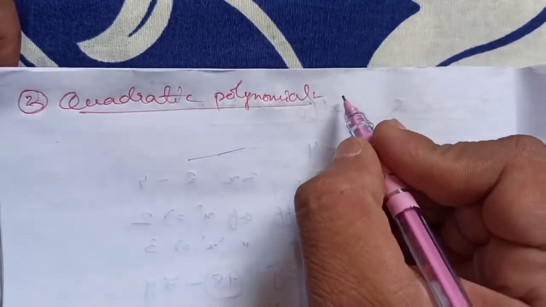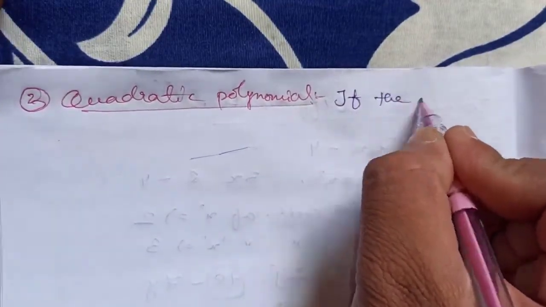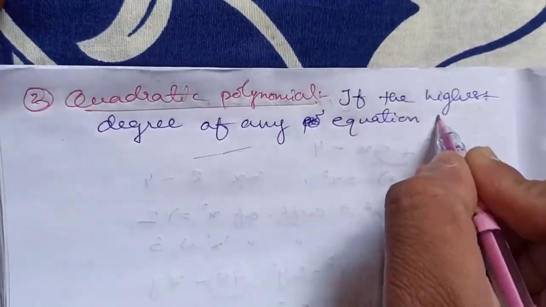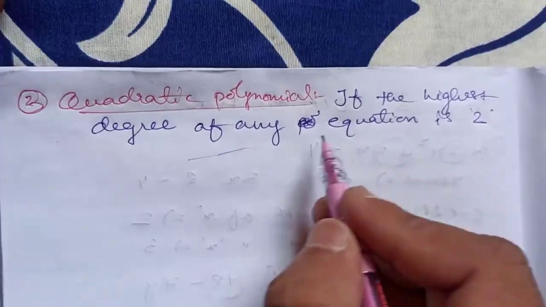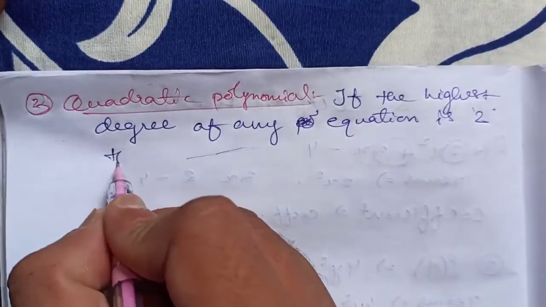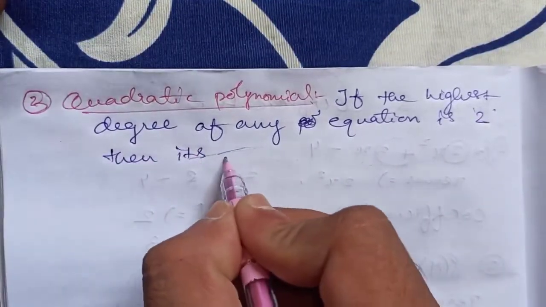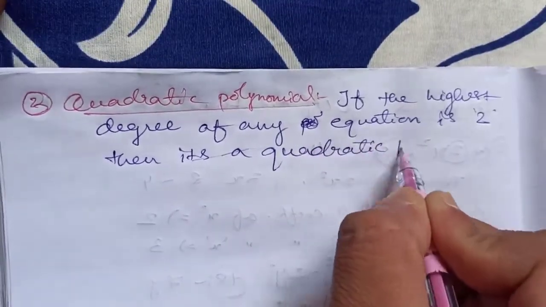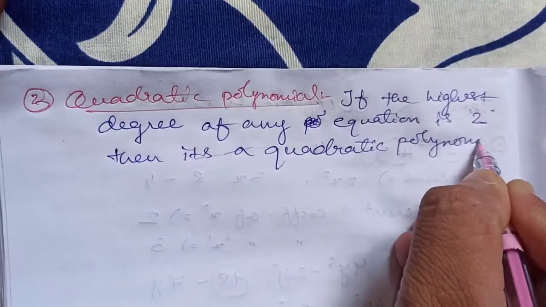Next is quadratic polynomial. What is a quadratic polynomial? If the highest degree of any equation is 2, then it is a quadratic polynomial. Okay, you have to see the degree of the polynomial.